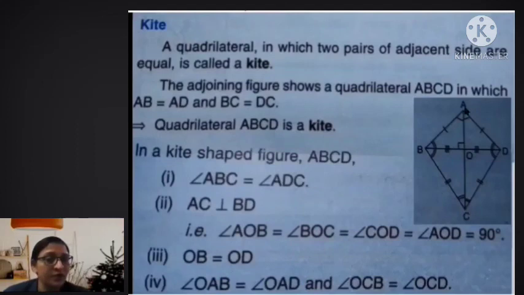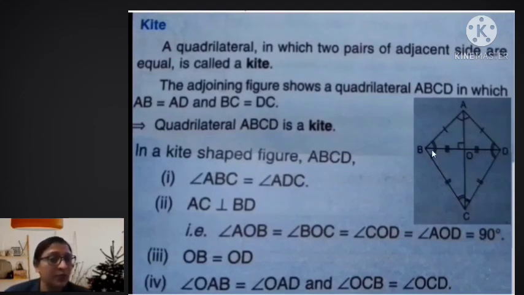And we can observe here, diagonal AC is perpendicular to the diagonal BD. That is, angle AOB is equal to angle BOC is equal to angle COD is equal to angle AOD, and all of this individually is of 90 degree.